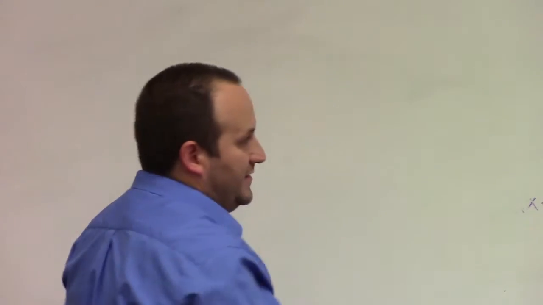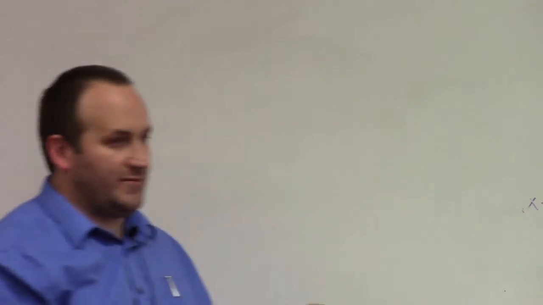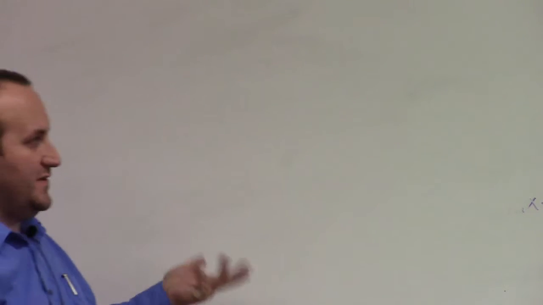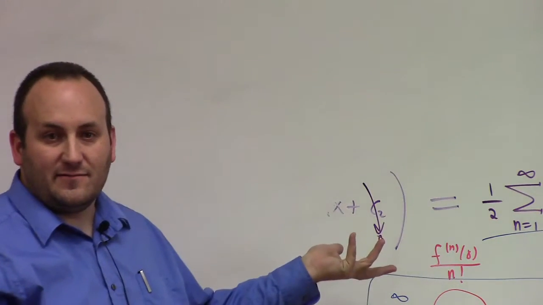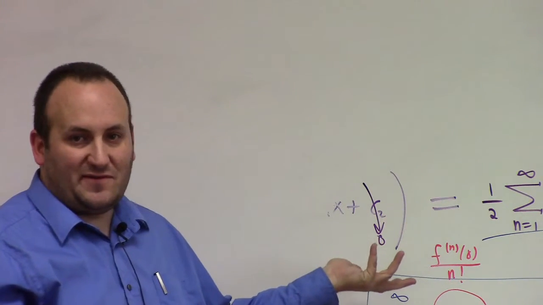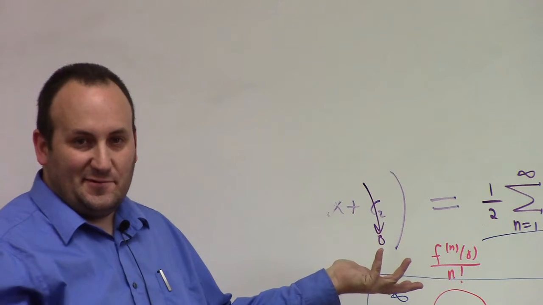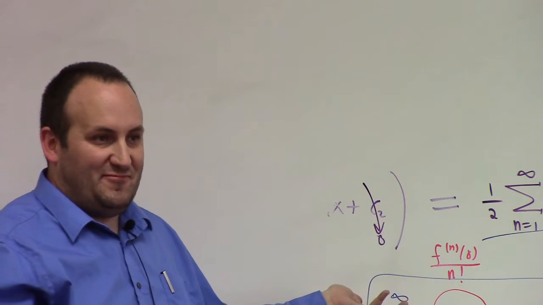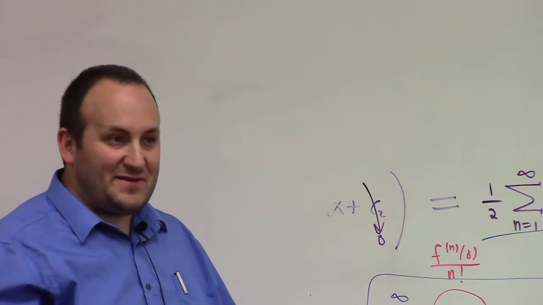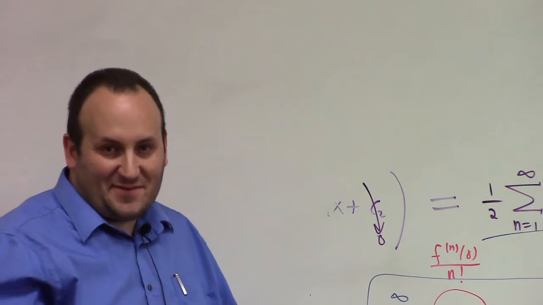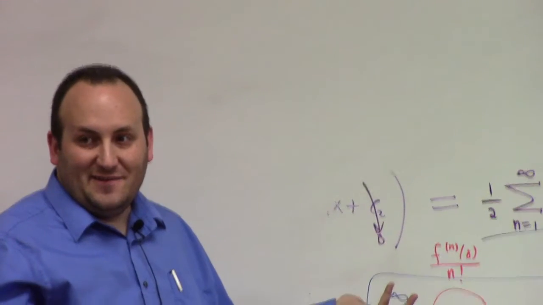I'm glad there was a question. If there wasn't, I was going to take a minute to smell the roses here, so to speak, which is just to point out, once you have a power series expansion for the function, you can integrate it, right? How do you integrate the function once you have a power series expansion for it? You just integrate the power series term by term, right? So if you can find a power series expansion for the function, you can integrate it.